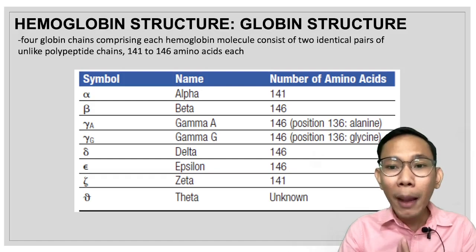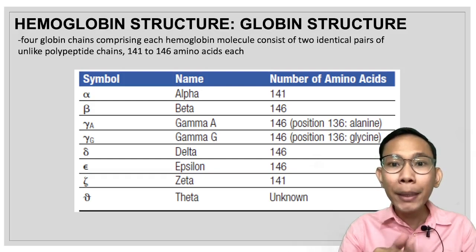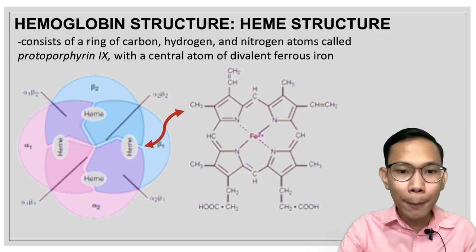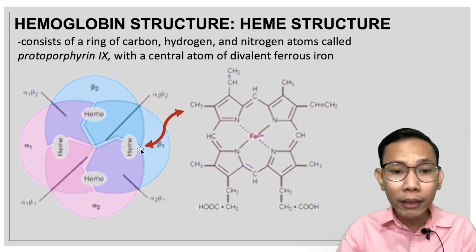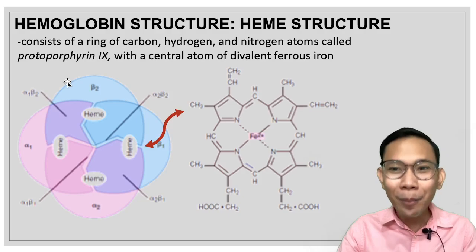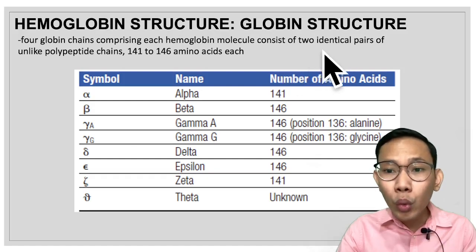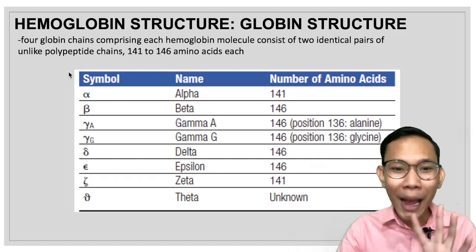So again, dapat 2 identical pairs of unlike polypeptide chains. Anong ibig sabihin yan? Therefore, dapat may 2 pares pero iba-iba. For example, kanina sa ating example, balikan natin, meron tayong pair alpha 1, alpha 2. They are identical. And another identical pair, beta 1 and beta 2. That's the basic definition of these 2 identical pairs of unlike polypeptide chains. So, nakuha, 4 yun ha.